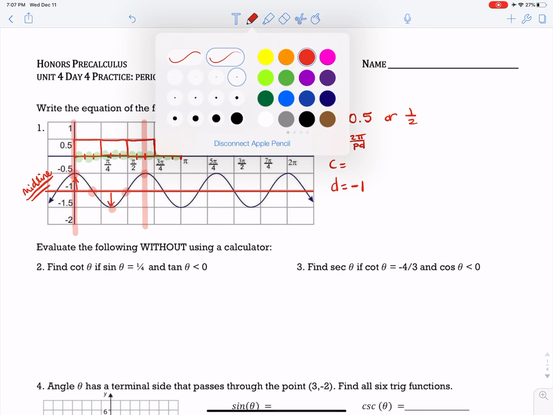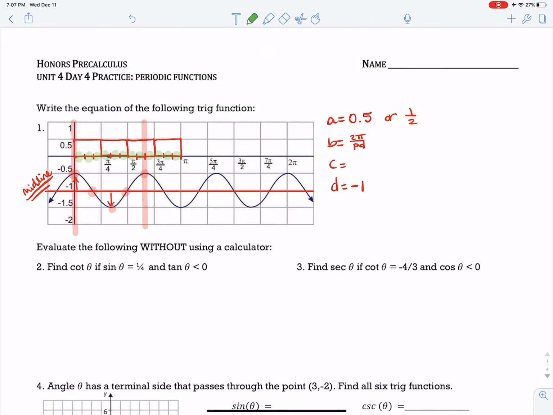The period ends right here on this one, and that is 1, 2, 3, 4, 5, 6, 7, 8. That is actually 8 pi out of 12, which reduces to 2 pi out of 3. And so our period is 2 pi over 3.